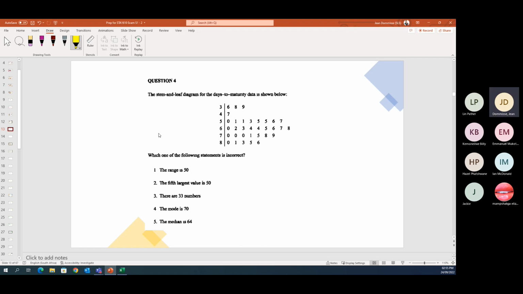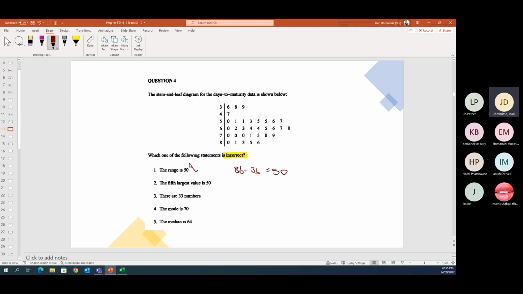So let's quickly look at what we're asking, and we're asking for the incorrect one. The range is always the maximum, that is 86, minus the minimum, that is 36. So that is 50.